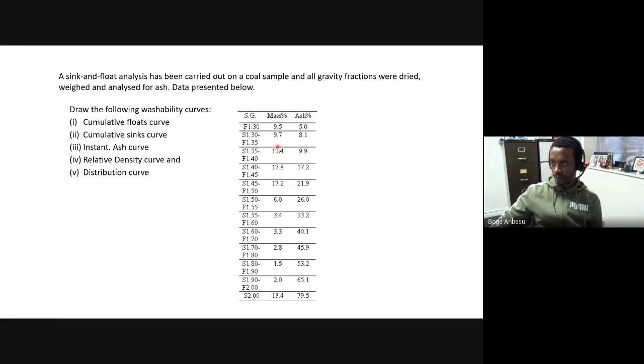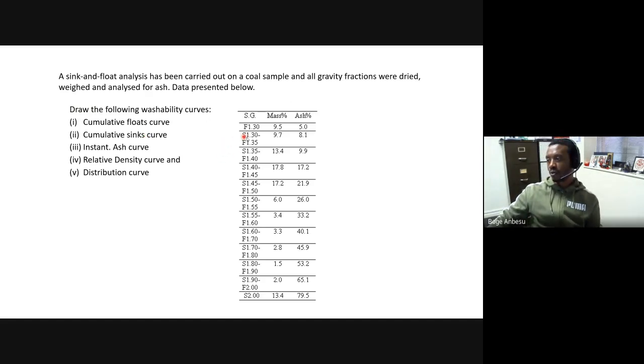This number here shows the float that has been collected for each of those media that we used in the gravity separator. So based on this data, you are asked to draw these curves. And obviously, once you draw those curves, you can use them for different conclusions.